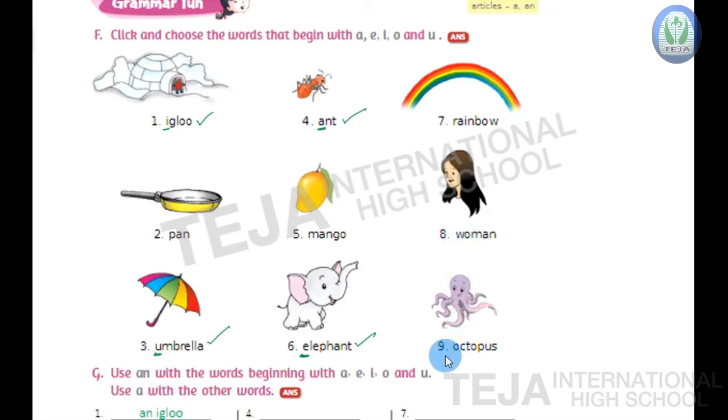Now next, last word, ninth one, octopus, O-C-T-O-P-U-S, octopus. The starting letter of octopus is O. O is a vowel, so tick the word octopus. Now here, the words that begin with A, E, I, O, U are igloo, umbrella, ant, elephant, octopus. These are the words that begin with vowel letters.